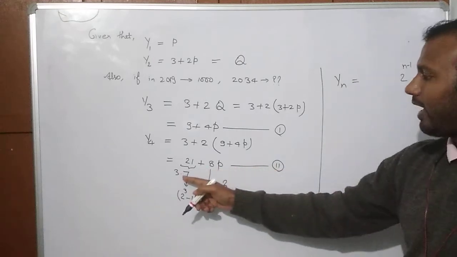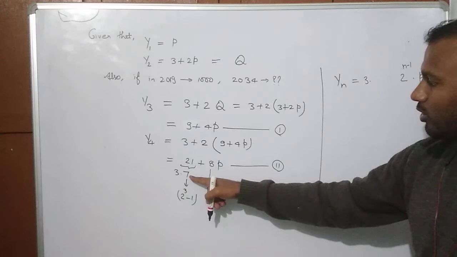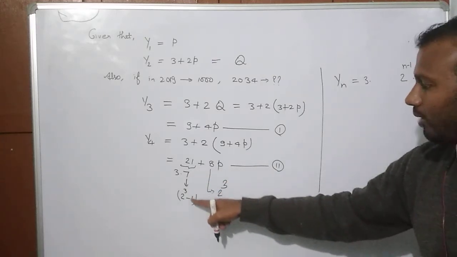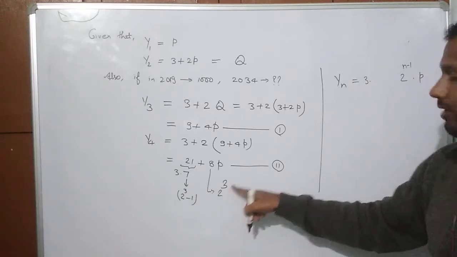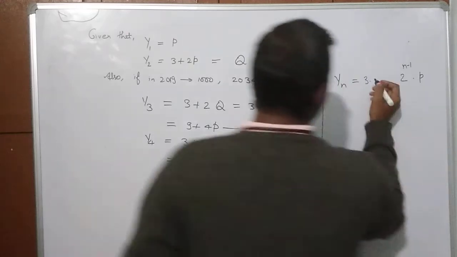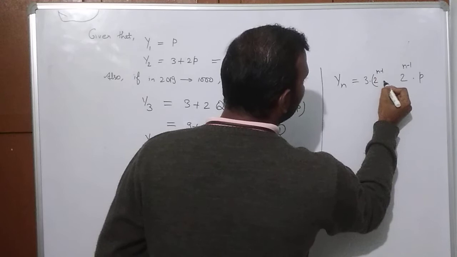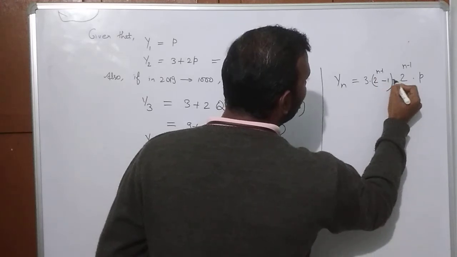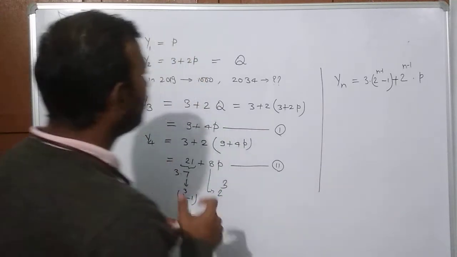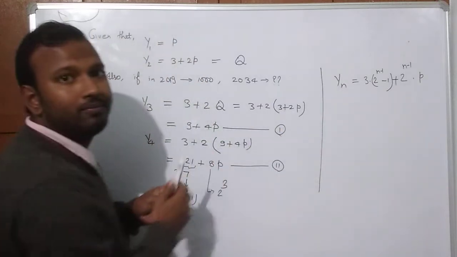The constant term is 3 times 7, which was 2 power 3 minus 1. Here we have 2 power n minus 1, so it is 2 power n minus 1 minus 1, and this is the plus symbol. So this is the general form.